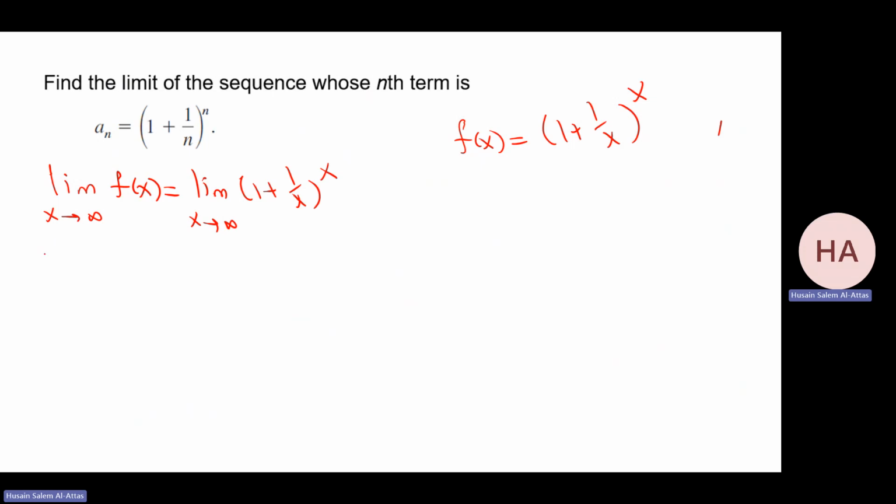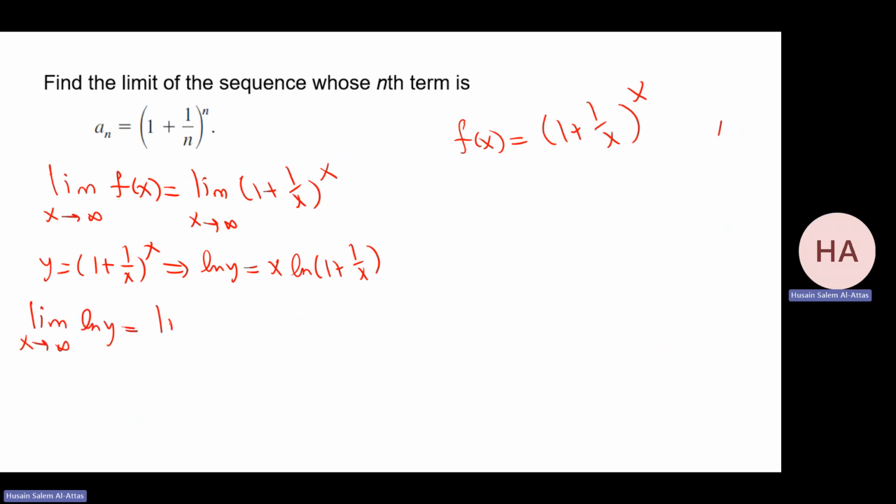So what I will do, I will take y as 1 plus 1 over x to the power x. I have ln y will be x ln 1 plus 1 over x. Now I find the limit as x goes to infinity of ln y. That will be the limit as x goes to infinity of x ln 1 plus 1 over x.